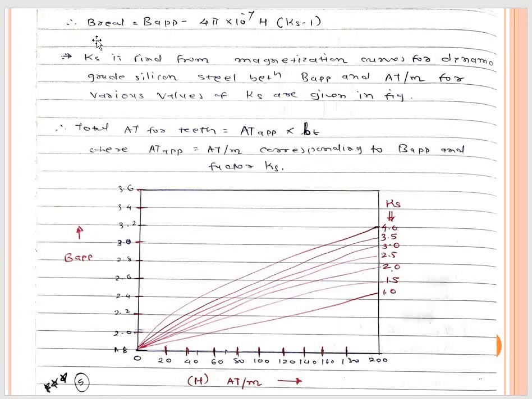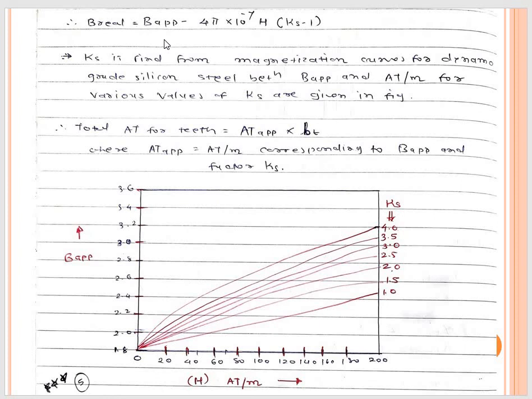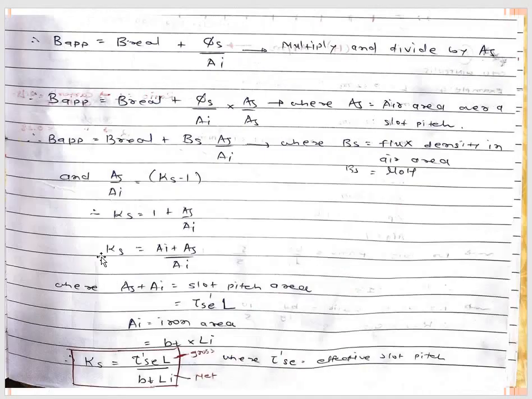So our final equation for the real flux density is given by B real is equal to B apparent minus 4 pi into 10 raised to minus 7 H into Ks minus 1.